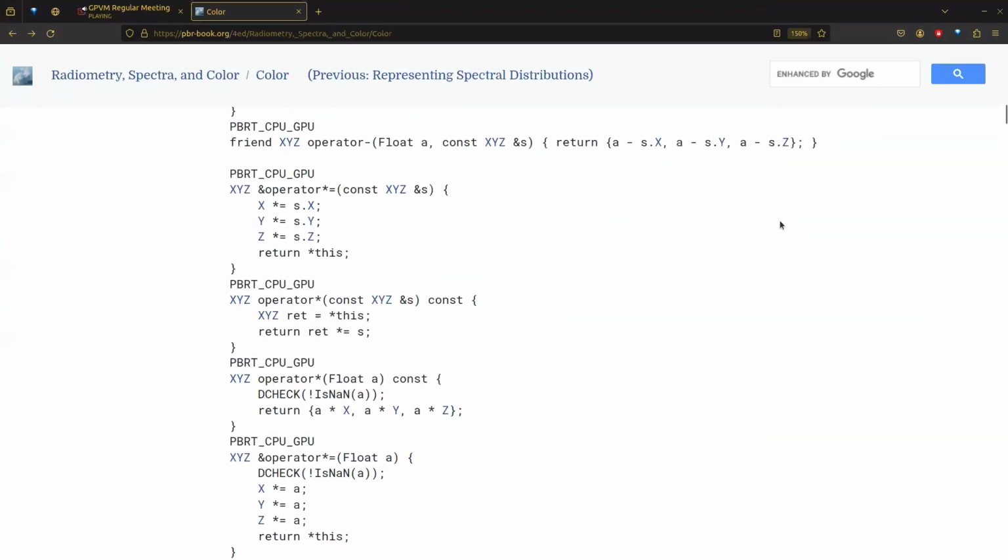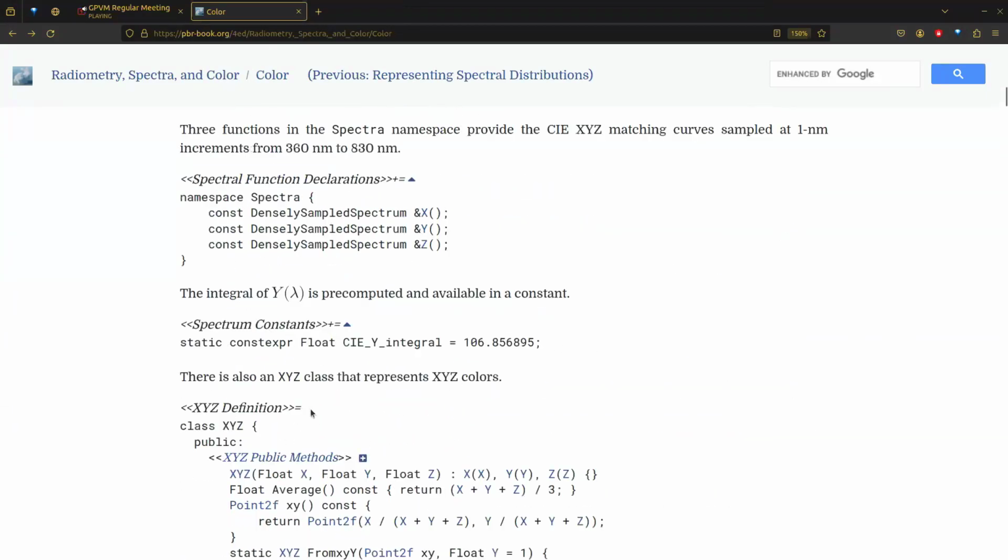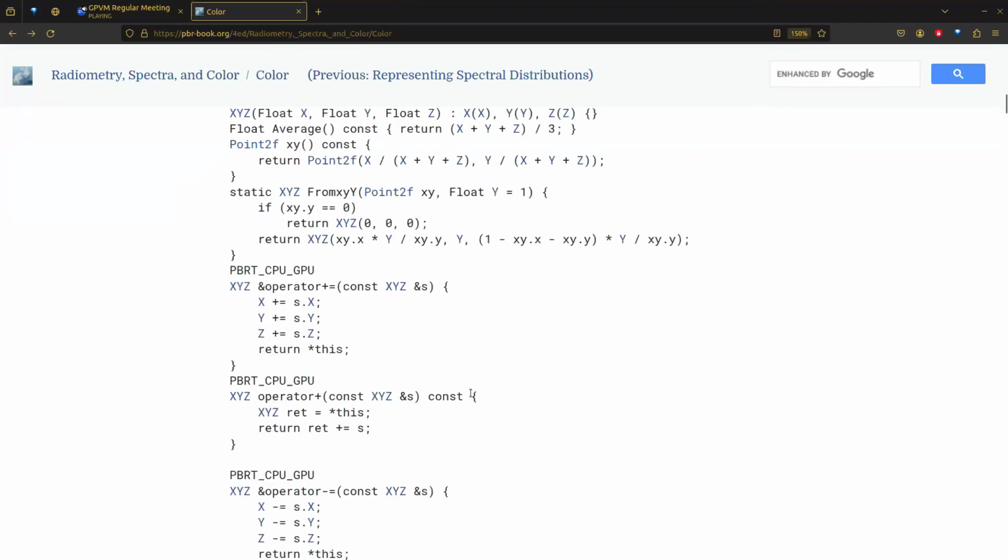Yeah, I guess this is just above the integral. Going through the code here, yeah.